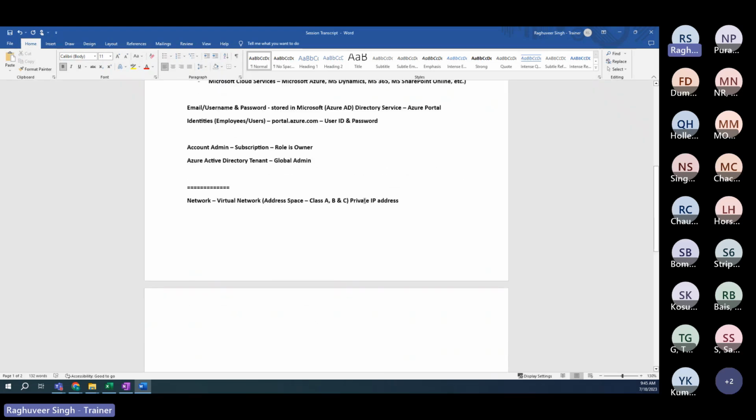So we create a virtual network in cloud. And when we create a virtual network, we segment this virtual network. So why do we segment? So that we basically break down this virtual network into multiple segments which are known as subnets in cloud language.